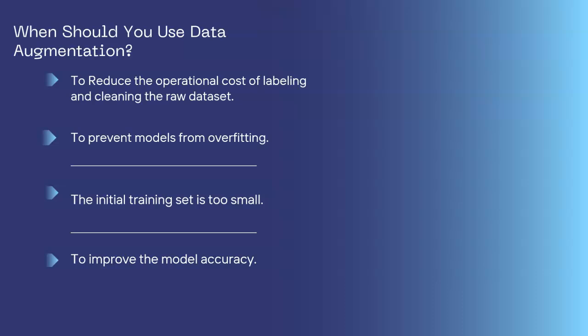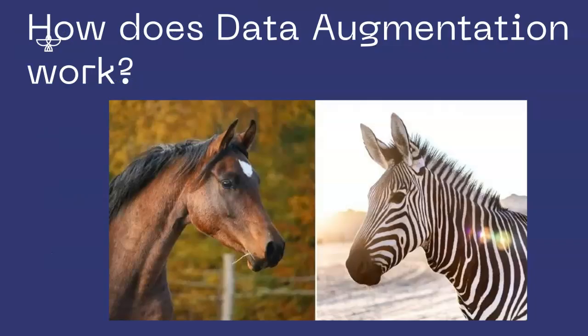Next, to reduce the cost of labeling the raw data. And next, if there is a small dataset, to increase the number of datasets and number of iterations in the training, and to improve the model accuracy. So these are different situations where we can use data augmentation.